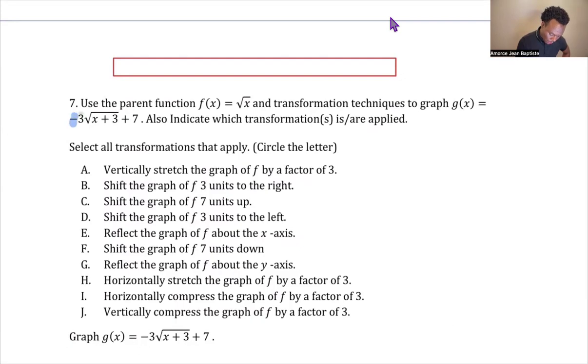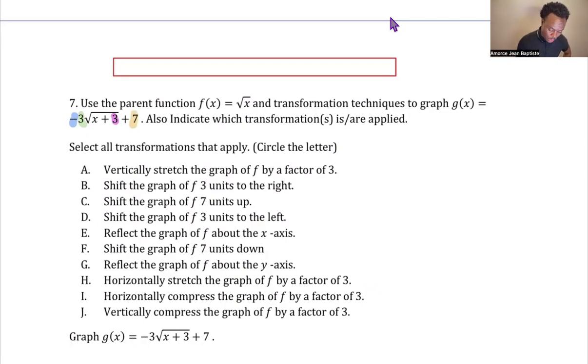This is a vertical stretch of a factor 3. This is a shift left 3 units. And this is a shift up 7 units.